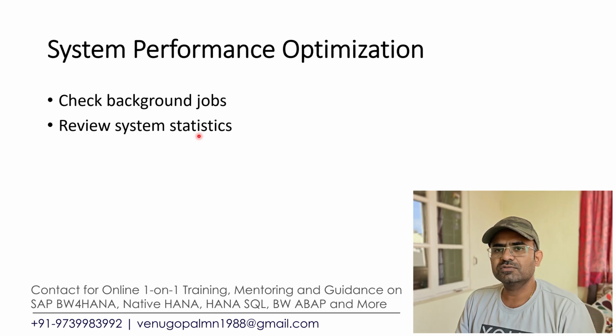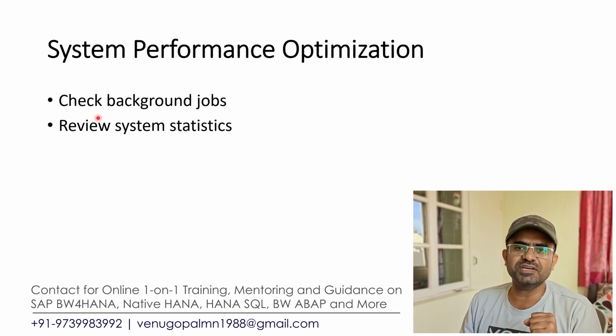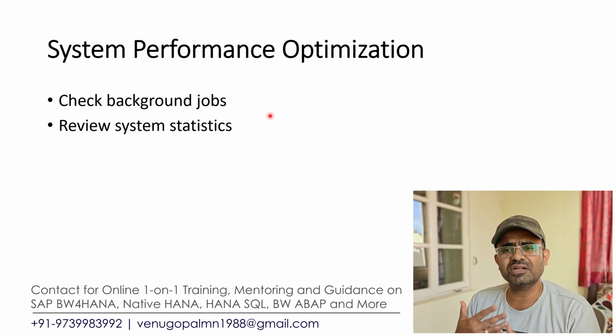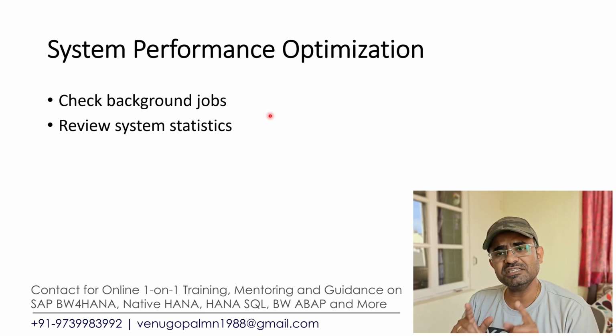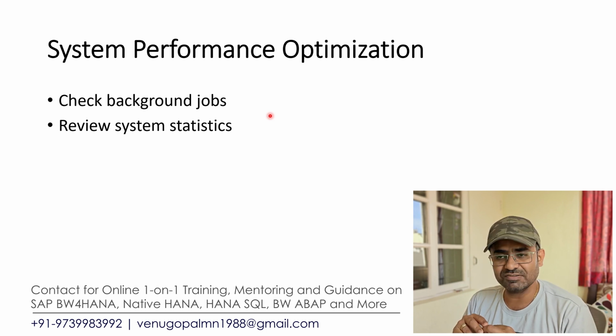So the next category would be system performance and optimization. In this, there are two main activities we can think of. One is system background jobs and the other one is reviewing system statistics. You might be aware that in our system a lot of jobs have been scheduled to run on a periodical basis, and we can see these jobs from the SM37 transaction code.